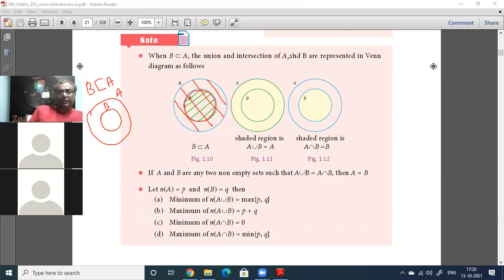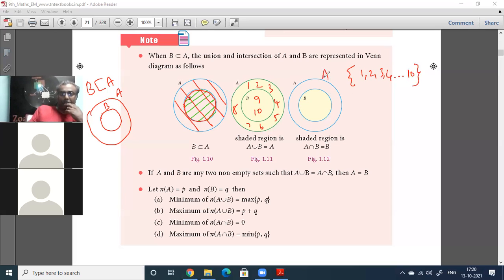Then the union and intersection of A and B are represented in the Venn diagram as follows. Shaded region is A union B. A union B is equal to A because B is completely within A. So A union B will be A only. Let us put it like this: 1, 2, 3, 4, 5, 6, 7, 8, 9, 10. A union B will be 1, 2, 3, 4, up to 10.